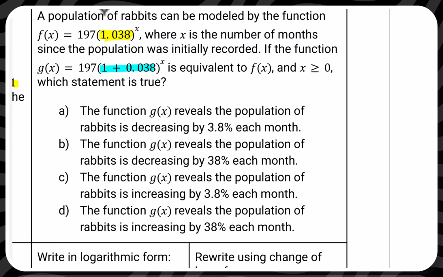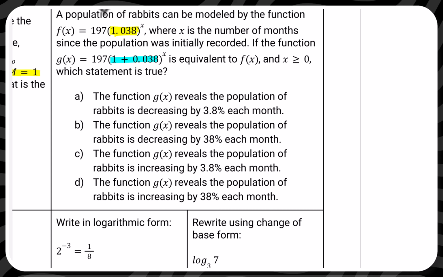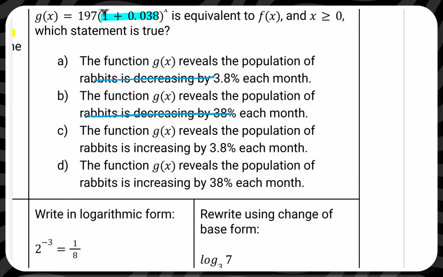You'd have to subtract it from 1 to see what you were losing. So since this is a growth, I'm going to immediately get rid of decreasing. And it's going to have to be either C or D. So 0.038. If you just move that 2 places, that is going to be 3.8%, not 38%.